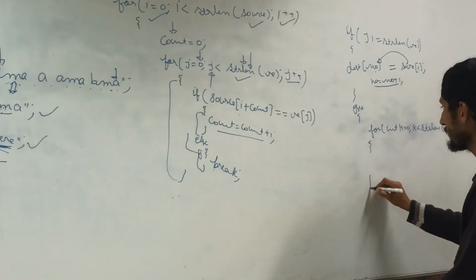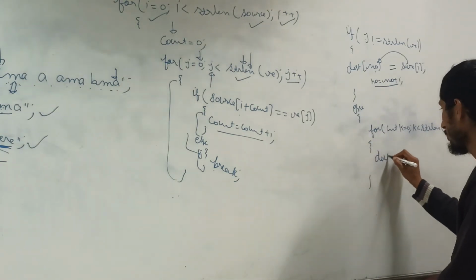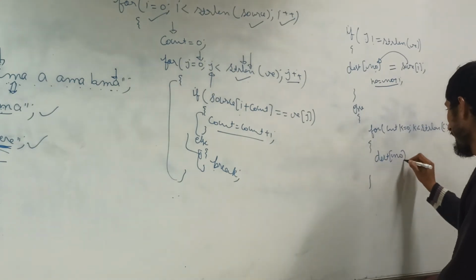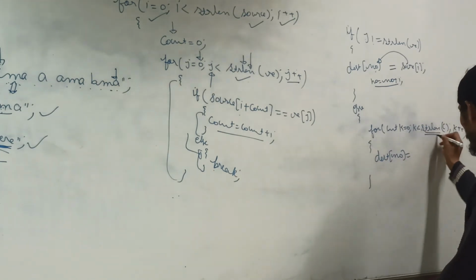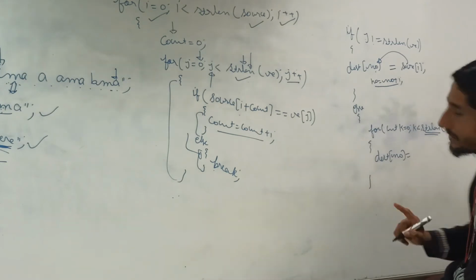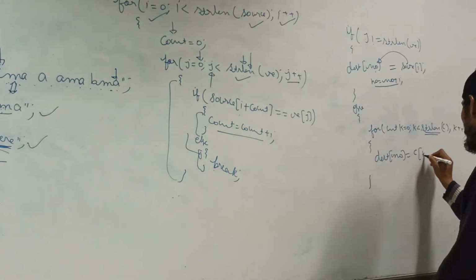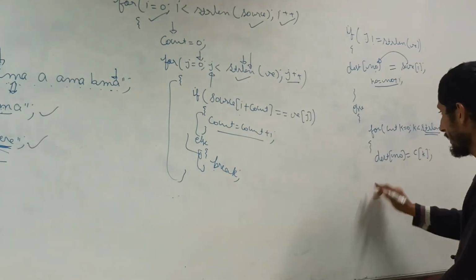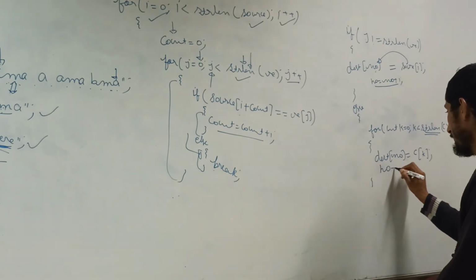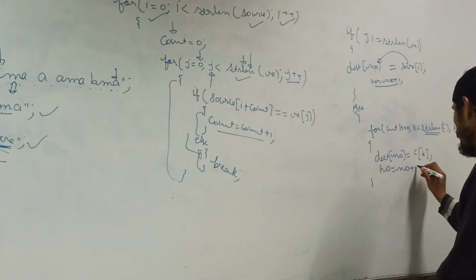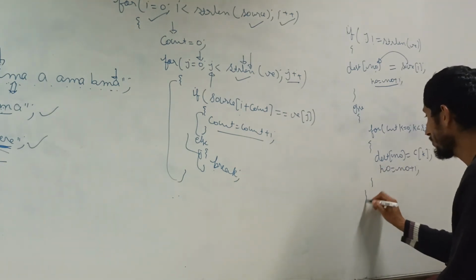So what is the meaning of this? Destination of number, and which one? New character. What is new character? New character is c of k. So let me copy the c of k, and every time you are going to copy a character, number will be incremented by 1.